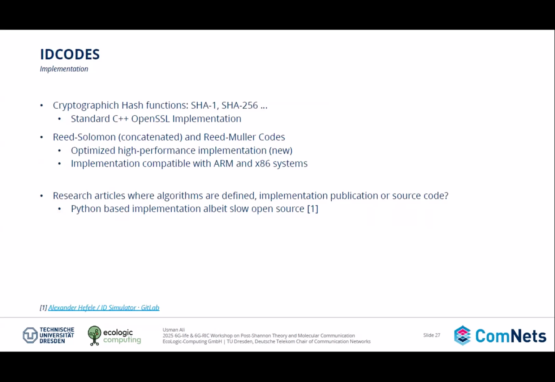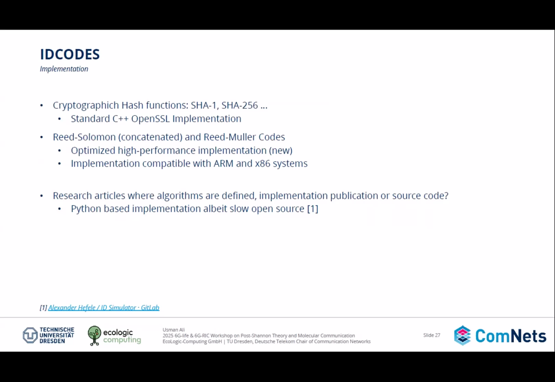I want to mention what we used for implementing them. For SHA-1, SHA-256, and so on, you can already use the standard C++ implementation from OpenSSL, and these are already quite fast enough that you don't need to re-implement them yourself, and they've already been optimized. And there are other hash algorithms that are faster than SHA-256, and we might plan to also use them and make them part of our library.